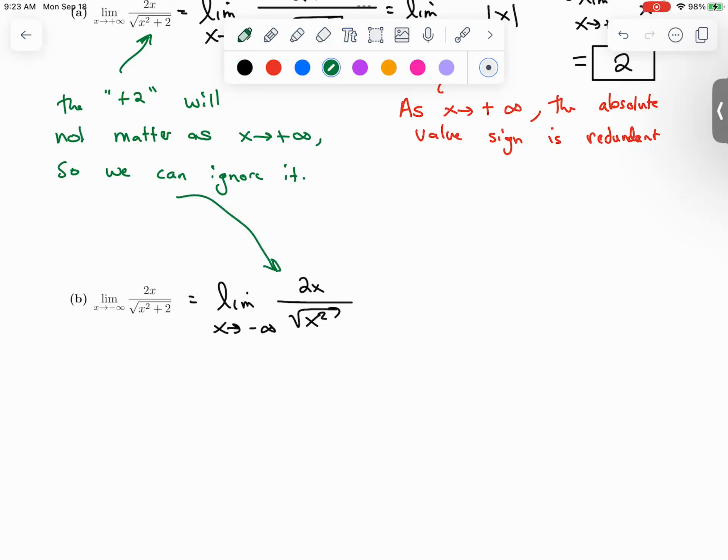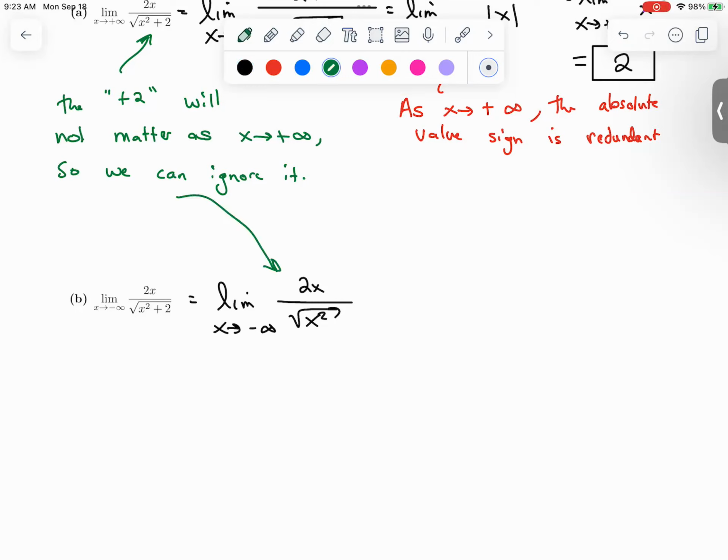Also keep in mind that this is a square root and we're talking about a negative value. So we do need to be careful when we're talking about even roots: 4th roots, 6th roots, 2 millionth roots. Any of the even roots, you can't plug in negative numbers, right? You can't have the square root of -5. However, we're dealing with an x squared. So as x goes to negative infinity, that square will make it positive.